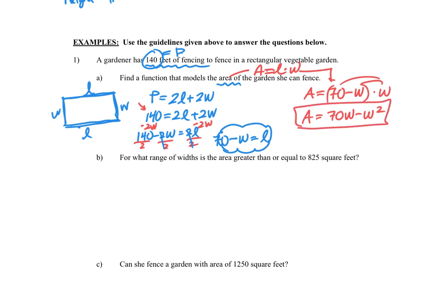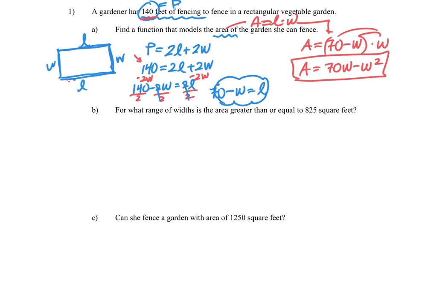Okay, so that's exactly what we did on the first page. It got a little more complicated because I gave you what the perimeter was. I had to fill that in and solve for one. Okay, but now this area formula is true or works for this garden.